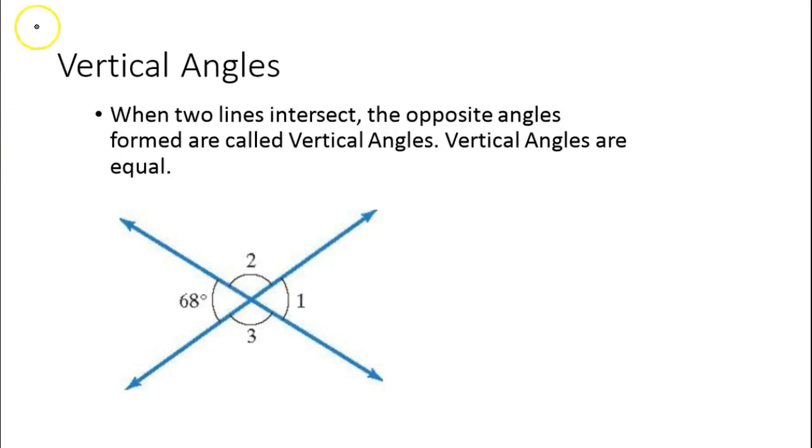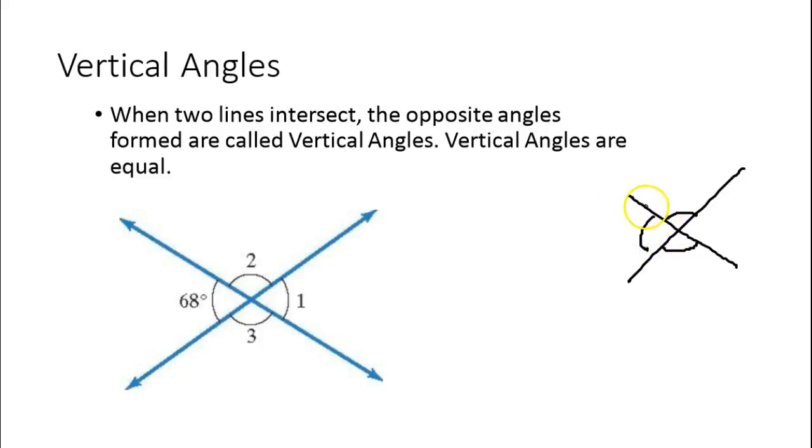Now let's look at some basic geometry, some basic rules that we have in geometry. First of all, vertical angles are equal. And you say, well, what are vertical angles? Anytime two lines cross, this angle and this angle, the ones across from each other, are vertical angles.